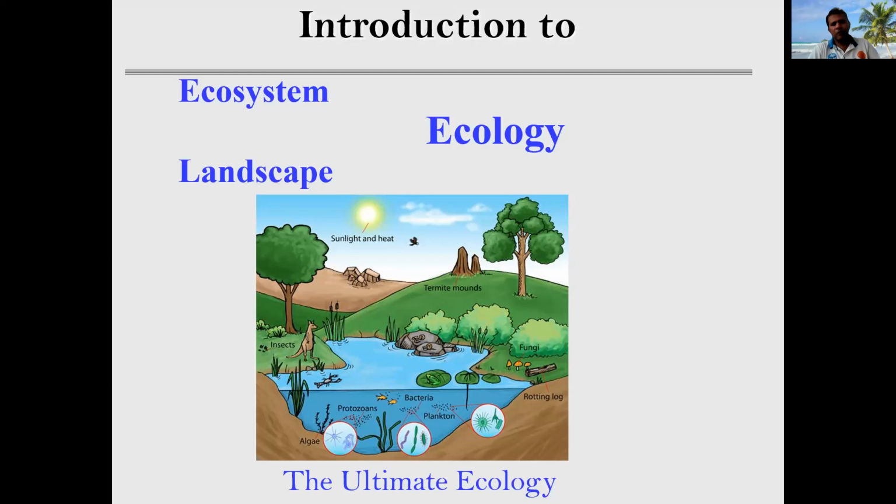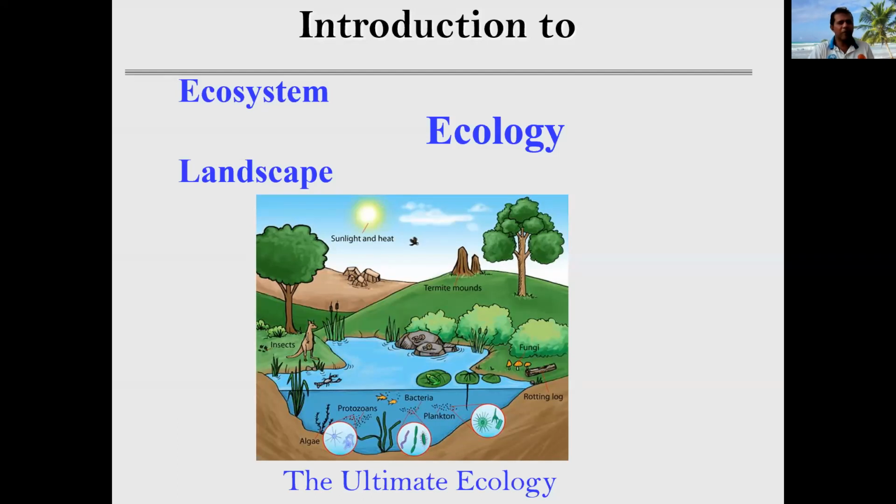For our study purposes, just to make things easier, we learn about these different things. If you want to study a little bit deeper into the subjects, that's where we study the different components. But this is the reality: they exist either as an ecosystem or, more than that, the landscape or the biosphere.